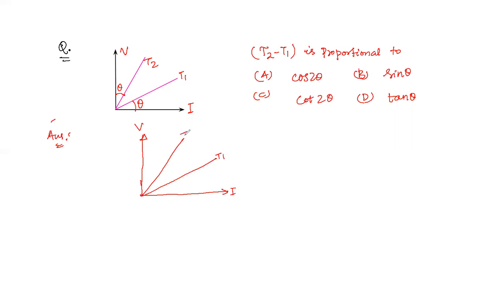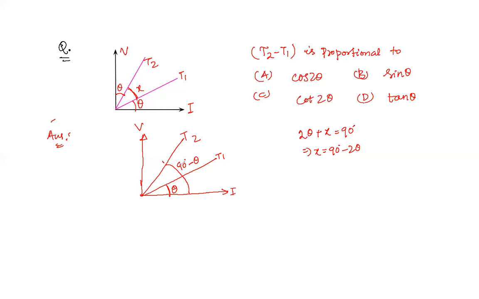This is T1 and this is T2. So this angle is theta. So can't we write down this is going to be 90 minus theta? If I take this part as x, can't we write down 2 theta plus x is equal to 90? Right, 2 theta plus x is equal to 90. So x is equal to 90 minus 2 theta.